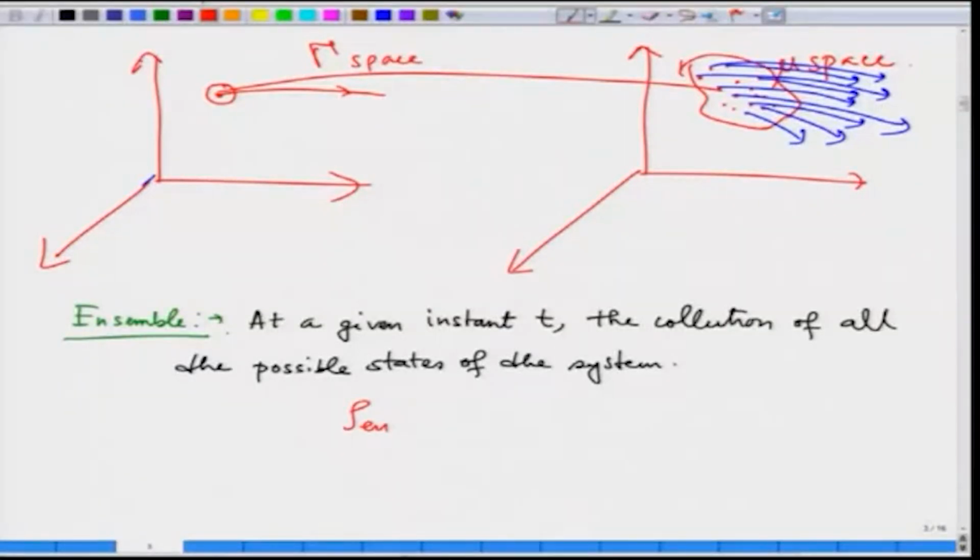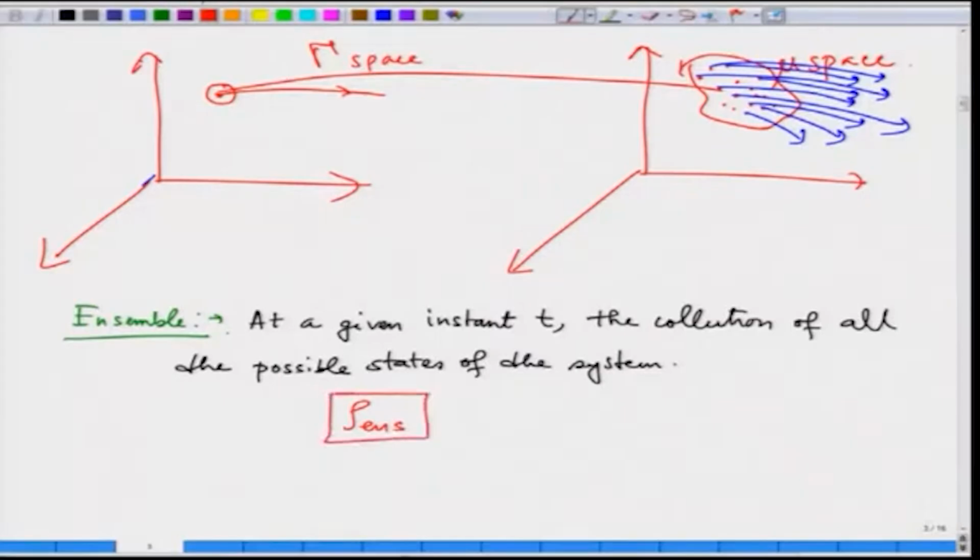So, one real point in gamma space is nothing but a member of the ensemble, or a point of the ensemble. We also defined that if the points of the ensemble are sufficiently densely situated in the phase space, then we can define an effective density for the states, and we call that the density of the ensemble, rho ensemble.